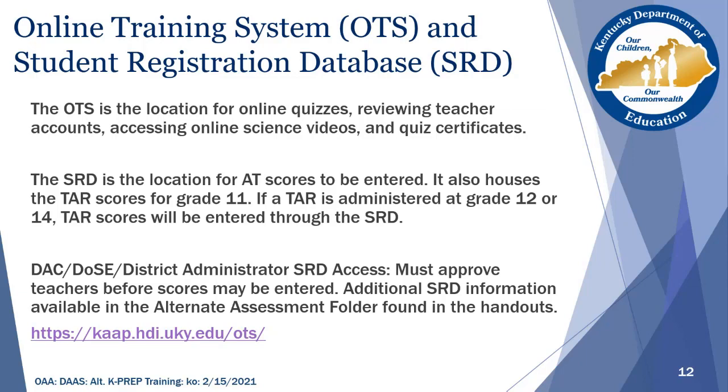So on September 8th, to be specific, in a Monday DAC email, information was shared around updating the online training system and requiring everybody to register again based upon those security protocols that had been put into place. That same email was also shared out through a special alternate assessment email on September the 11th.